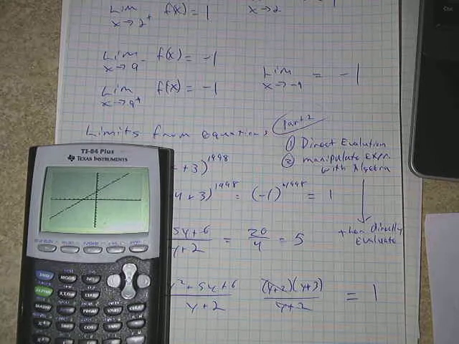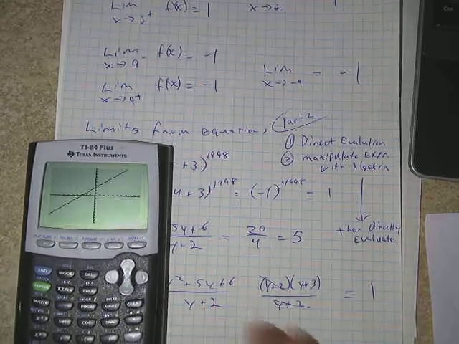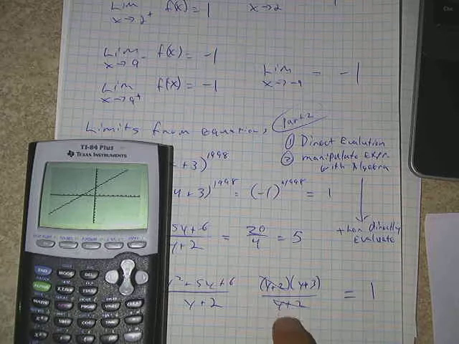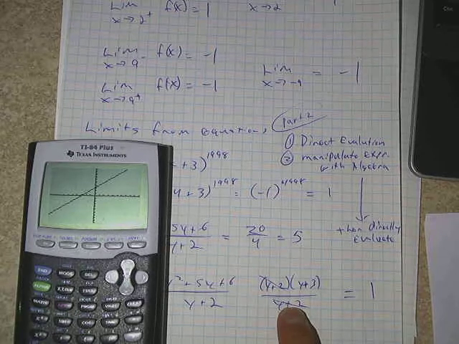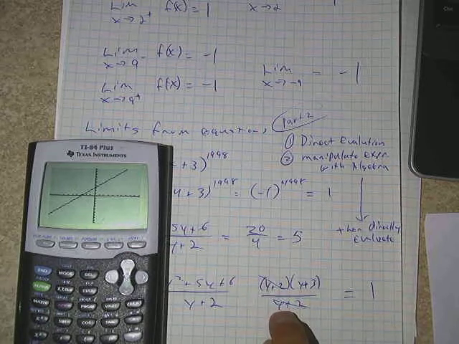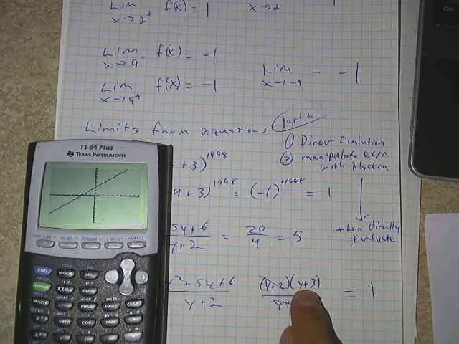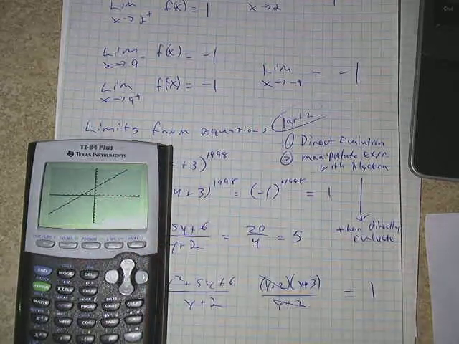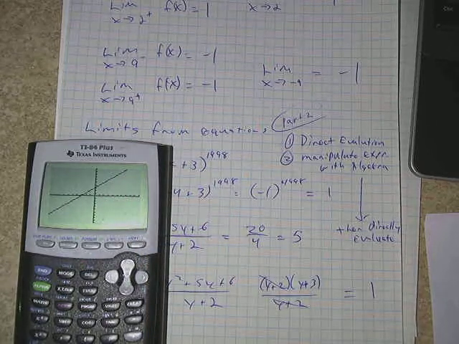And lo and behold, even though it's a rational function, polynomial on top, polynomial on bottom, it looks like a line. Okay, and if you remember from our work in Algebra 2 and Pre-Calc, it looks like a line exactly because of this. Because the only issue that we have with the bottom here can be canceled. Okay, and that means that graphically, instead of having an asymptote for this function, it should be a hole. Okay, and if we wipe out the hole, then what does it look like?